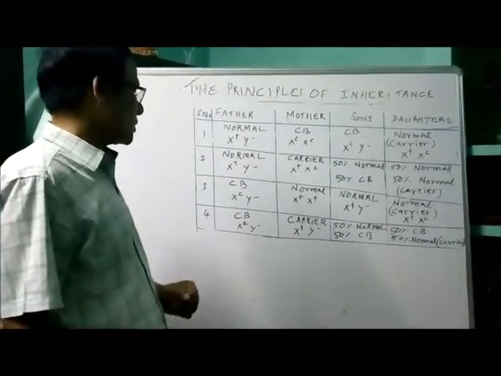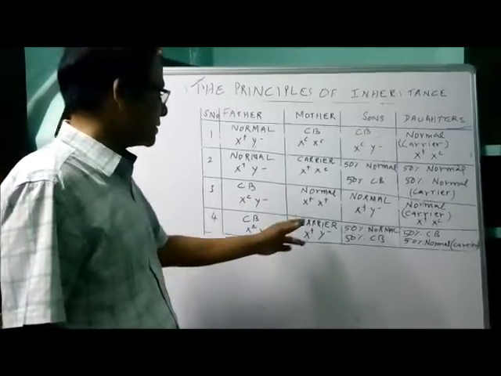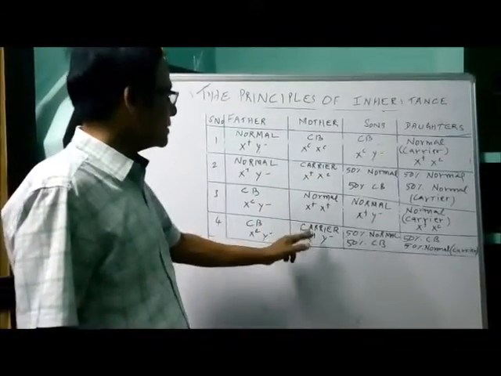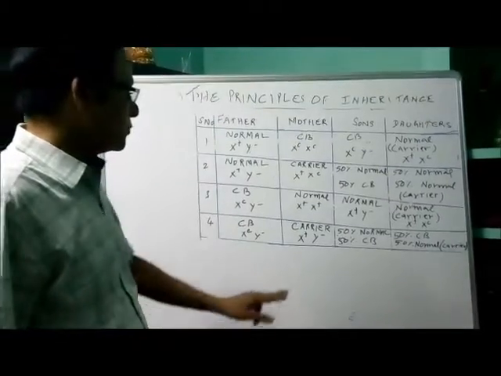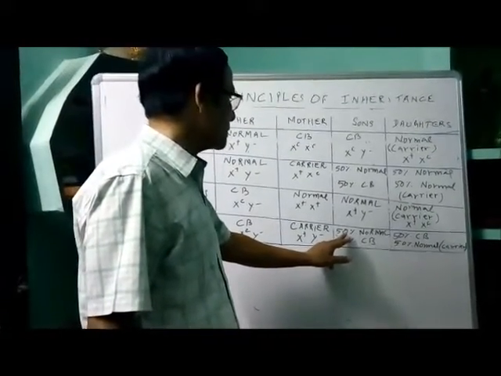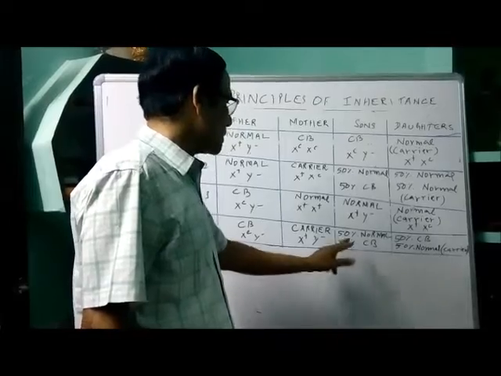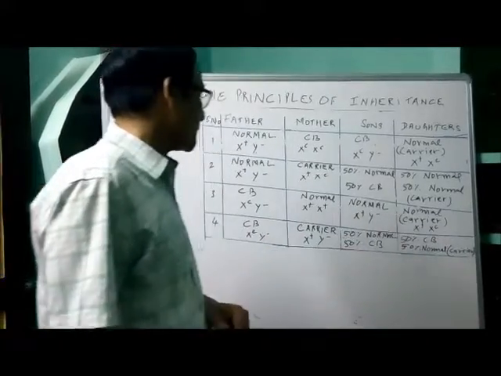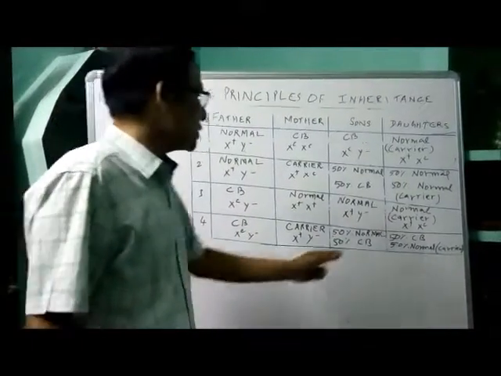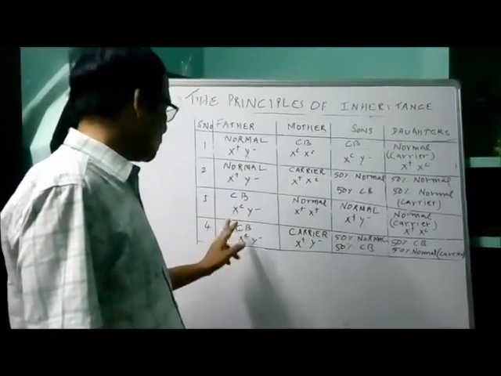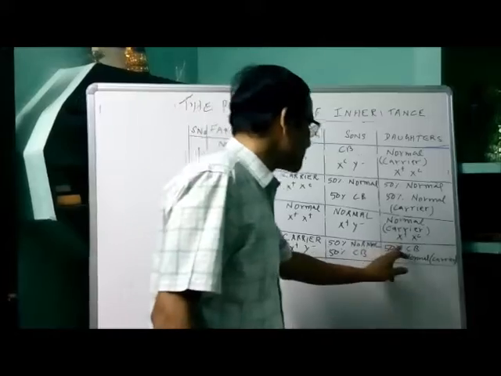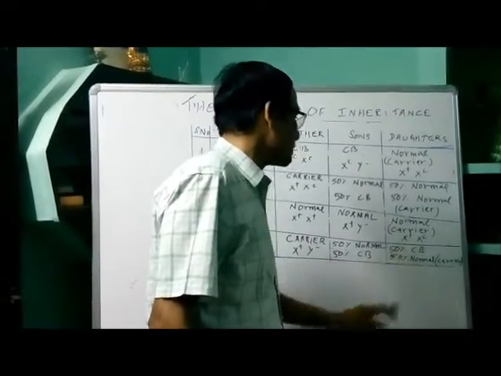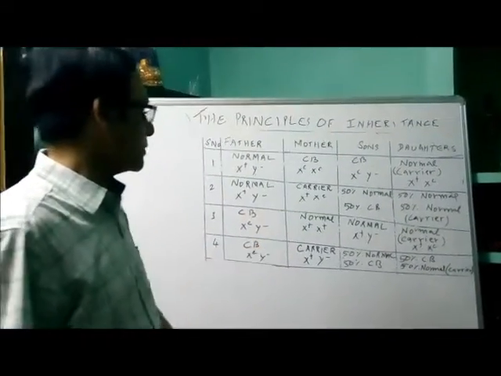Again, in the fourth one, father is colorblind and mother is carrier. Once mother is carrier, as I mentioned already, 50% of the sons will be normal and 50% will be colorblind. And to know the daughters in that instance, once father is colorblind, there is a chance of 50% colorblindness and 50% normal but carrier among the females.